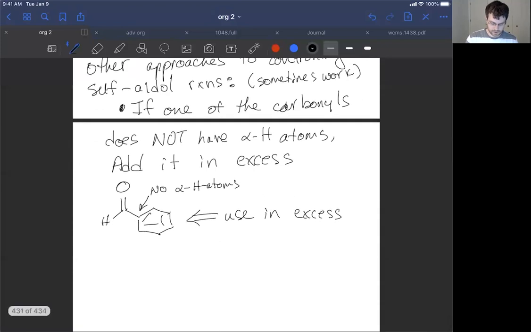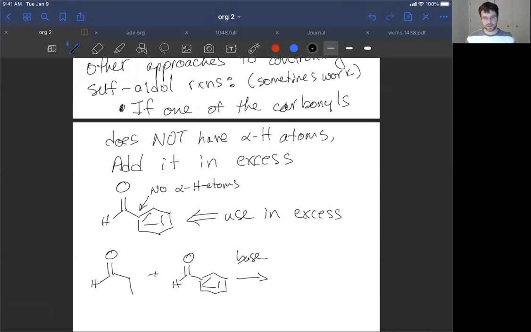Okay, so let's say we want to take this carbonyl and react it with benzaldehyde. In an aldol reaction, we have a lot more flexibility on our base because of this approach.